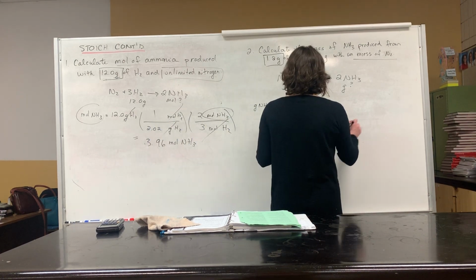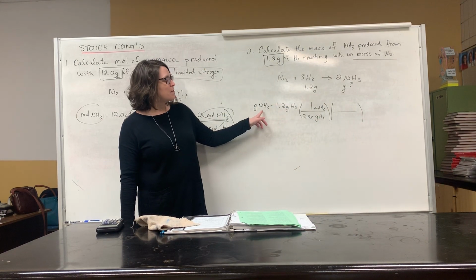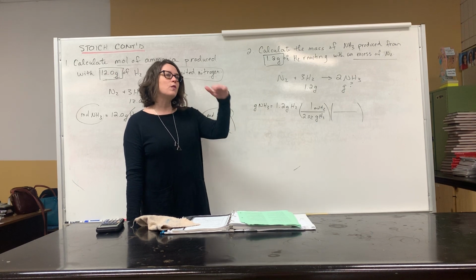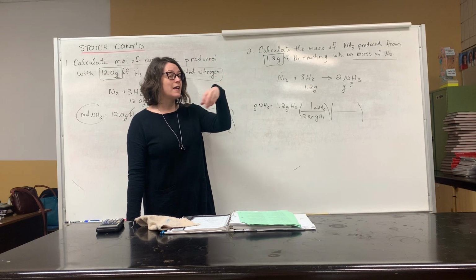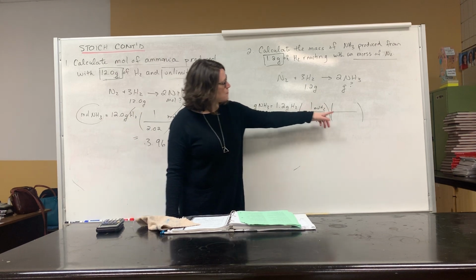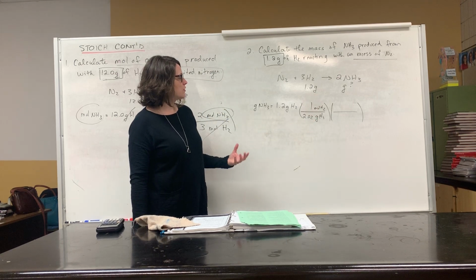Now, I'm in moles of H2. I want to get to grams of NH3. But before I can get to grams of NH3, I have to get to moles of NH3. Okay, so you always have to go through that step. So grams to moles, moles to moles, and then eventually we'll go moles to grams, okay? So this bracket here, the middle bracket, is going to be your mole ratio when you're comparing the two different moles.